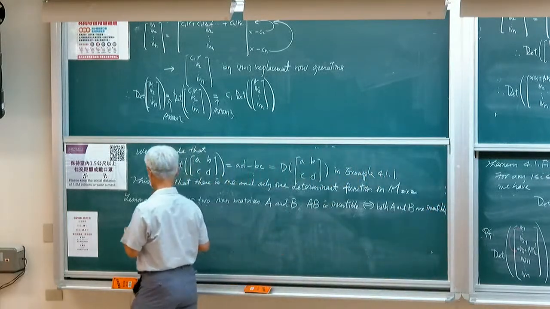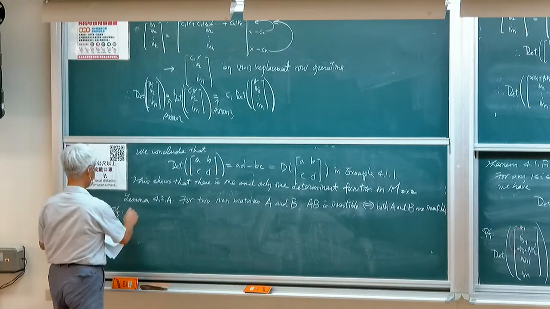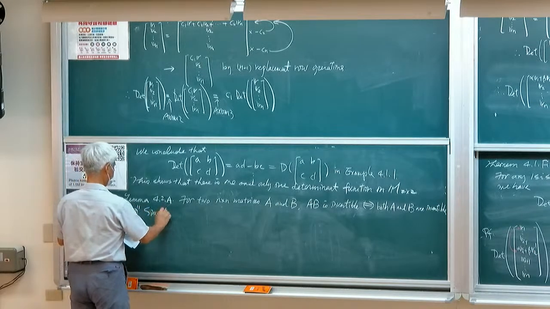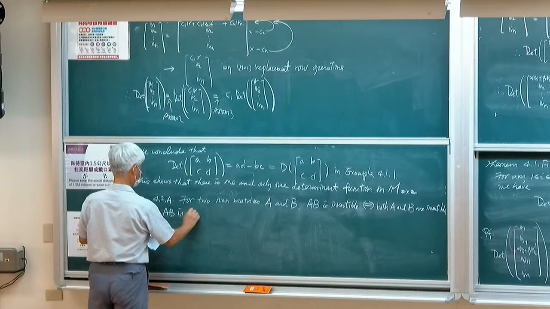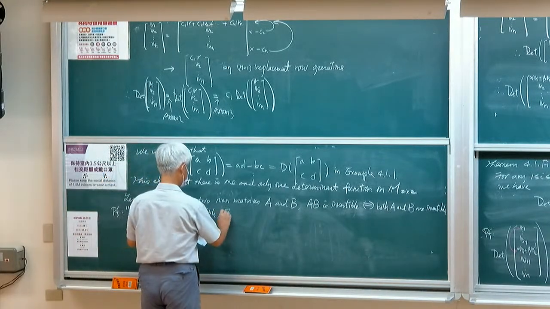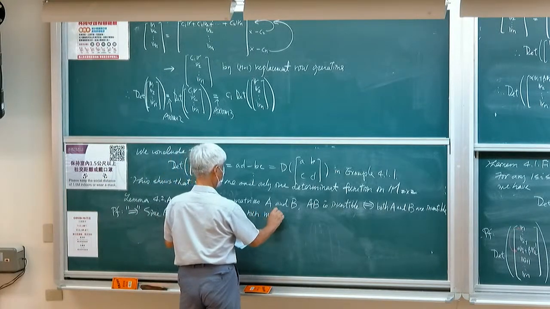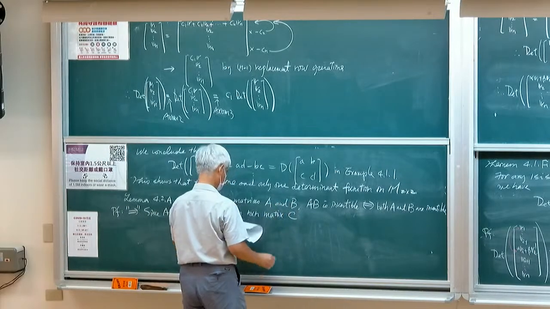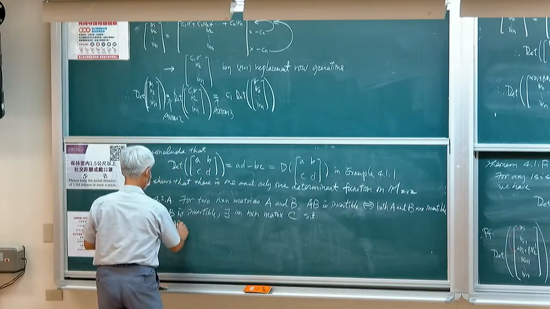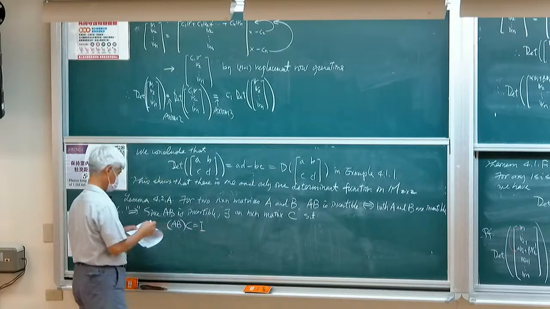Okay. And the proof, I think you know that, but let me just do it briefly. Since AB is invertible, there exists an n times n matrix called C, such that ABC is the identity.